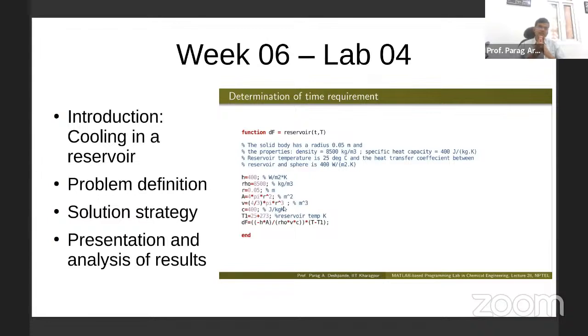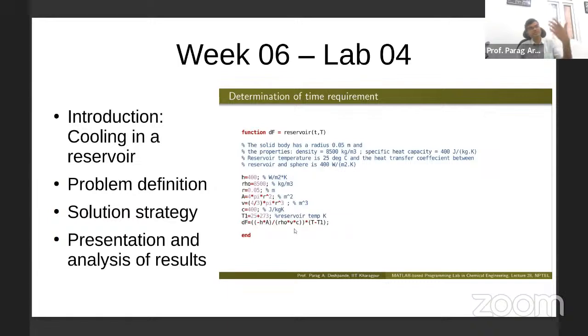But then the information which you need to solve with ODE45 is the actual definition of the function. And the function definition is nothing but the derivative definition which comes from the problem. So we defined the reservoir function which goes in the ODE45, and here you will see that df is basically nothing but dT by dt.